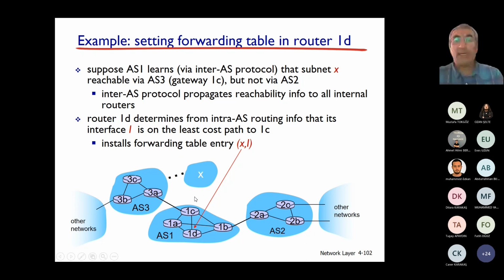Router 1D determines from intra-AS routing information that its interface 1 is on the least cost path to 1C, and it installs the forwarding table entry (X, 1).